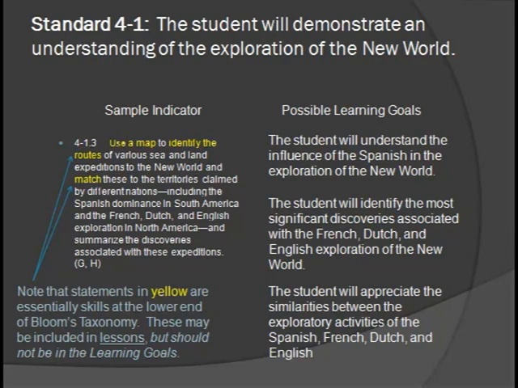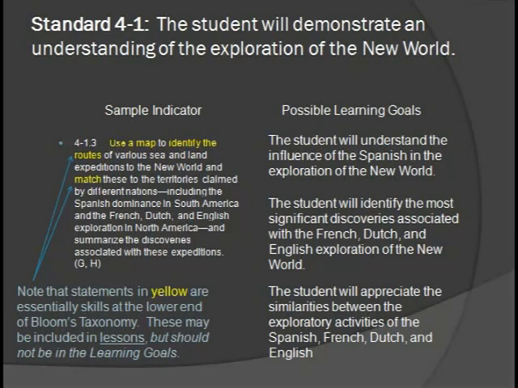It's not going to list the activities that students are going to do. So we're going to try and stay away from the lower end of Bloom's taxonomy when we state the possible learning goals. The things that are in yellow are basically the skills that are listed there.